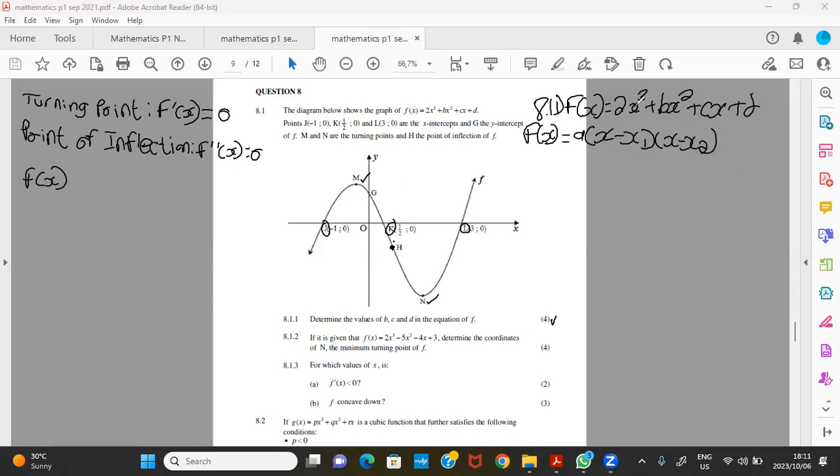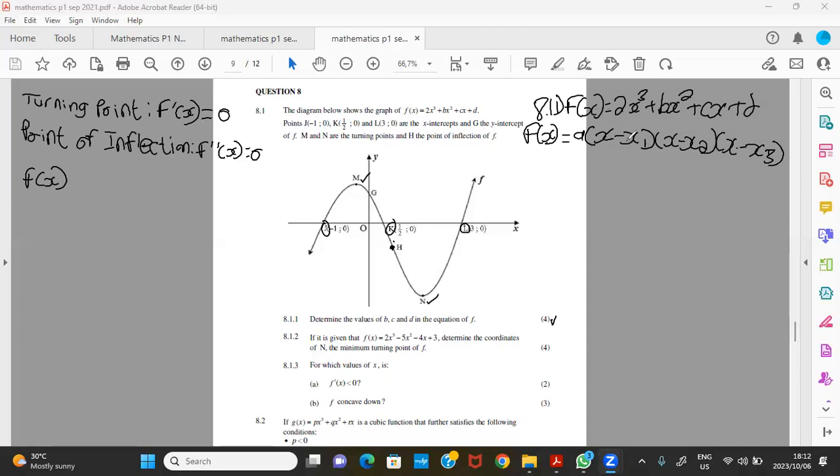That's from parabola, quadratic functions. But with a cubic function, we are going to have x minus x3 as well.